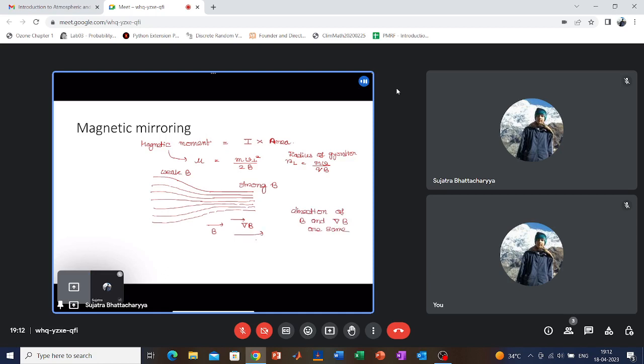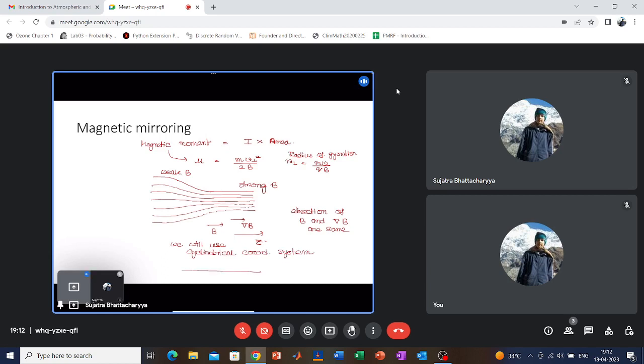Suppose this is the Z. Okay, so we will use the cylindrical coordinate system. So how will it look? It will look like this.